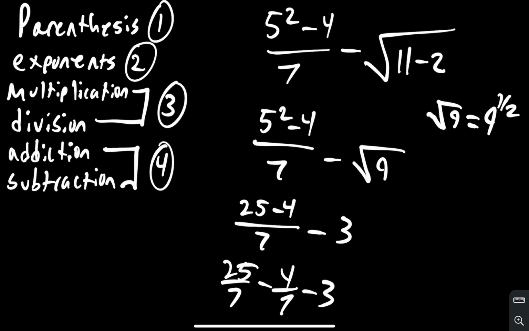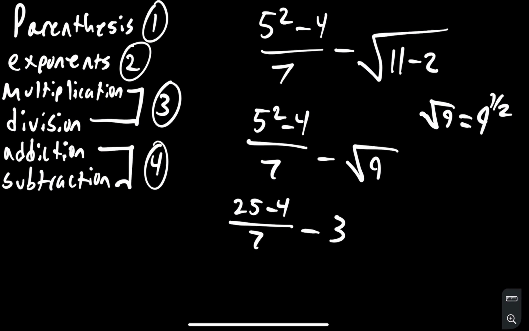Or you can just do 25 minus 4, which gives you 21, and then 21 divided by 7, which is going to give you 3. You can do it either way, because once you break it up into two fractions, your division is completed and then you can just subtract. But for this sake, I'm going to do the 25 minus 4 first so we can complete our division.